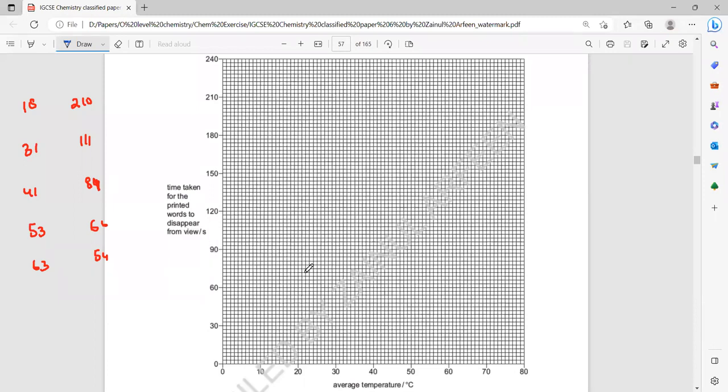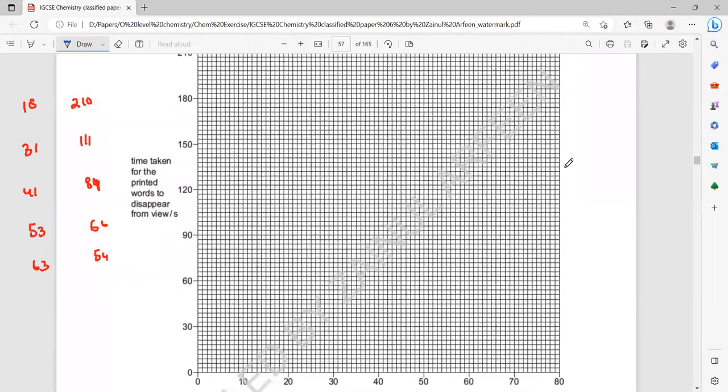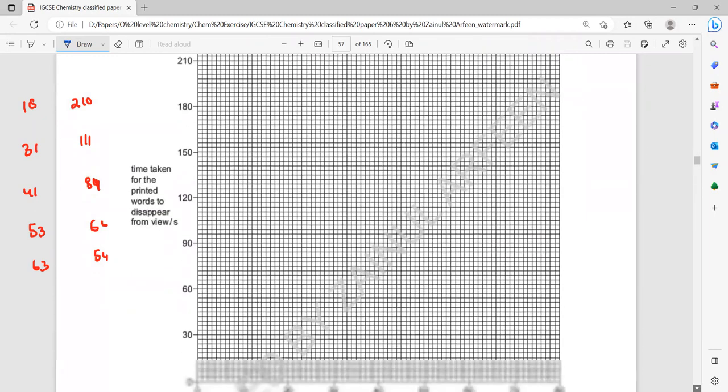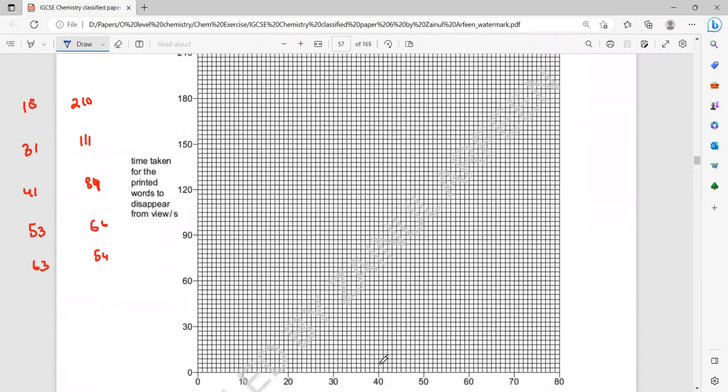So this will be 18, and 210. So this one is 20, and this one is 210. So this will be 18.